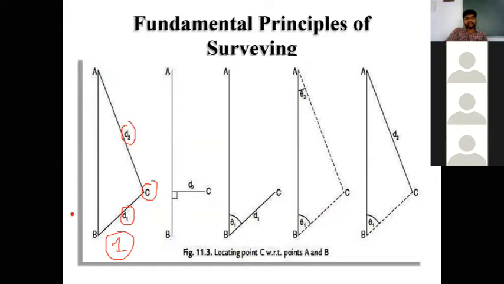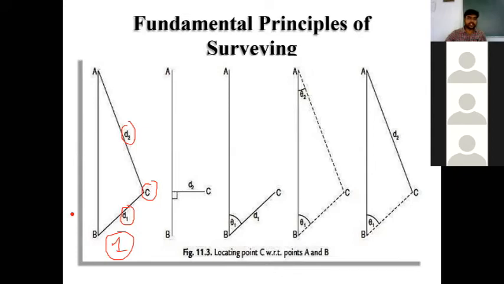And D2 and D1 we're going to draw with the help of a protractor, or if you have a chain or a measuring tape, you're going to make an arc here to get the point C.